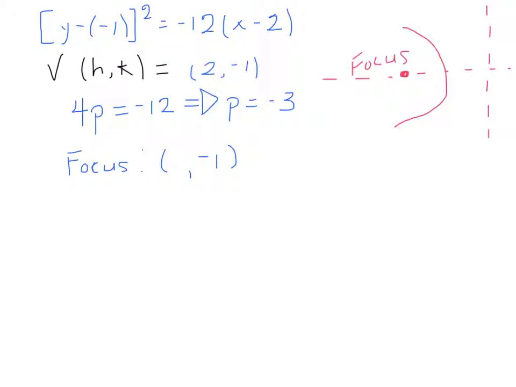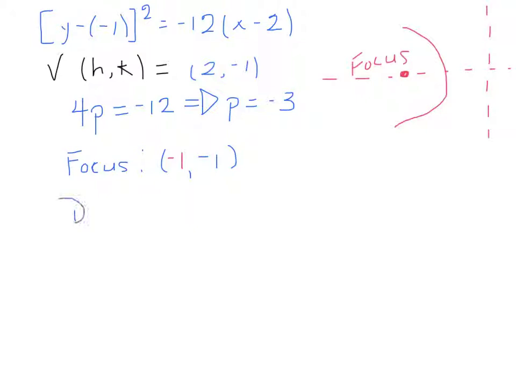Now, to find the x coordinate of the focus, we just need to know that if the vertex is at 2, -1, the focus is 3 units to the left of that. And so if I'm at +2 on the x-axis and I go 3 units to the left, at what number do I arrive? Hopefully, you noted that we would arrive at -1. So your focus is the point that has an address of -1, -1 on the coordinate system.